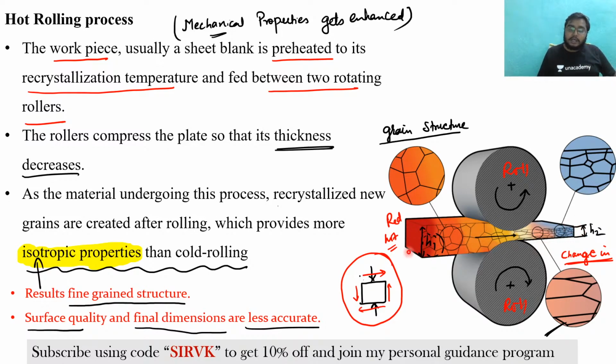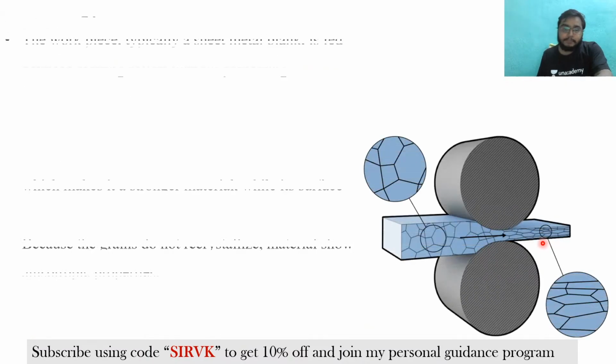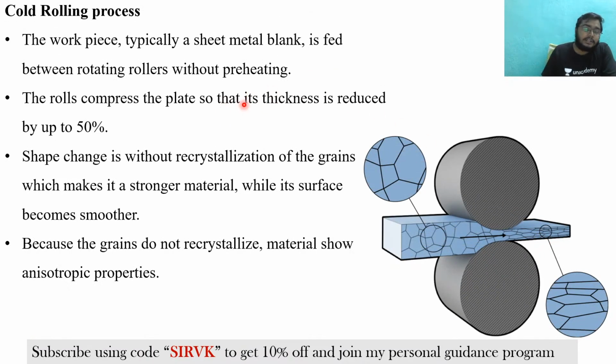So there is a reduction in the thickness. The shape changes without recrystallization. So thickness changes, shape changes, and there is no change in the crystal structure. Why is there no change in the crystal structure?